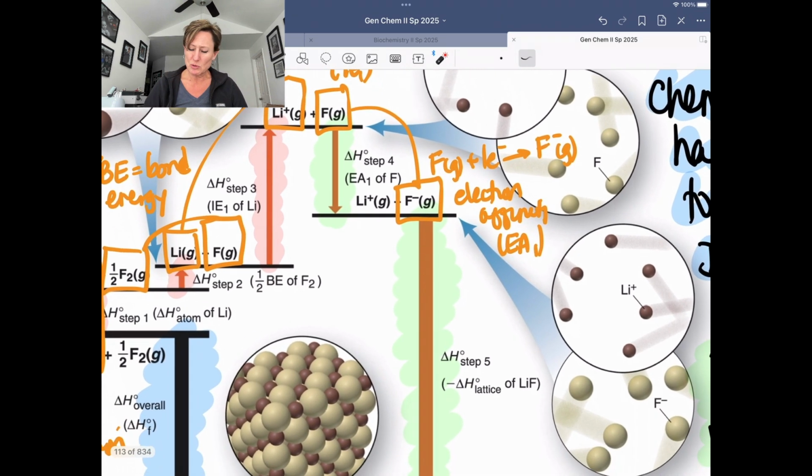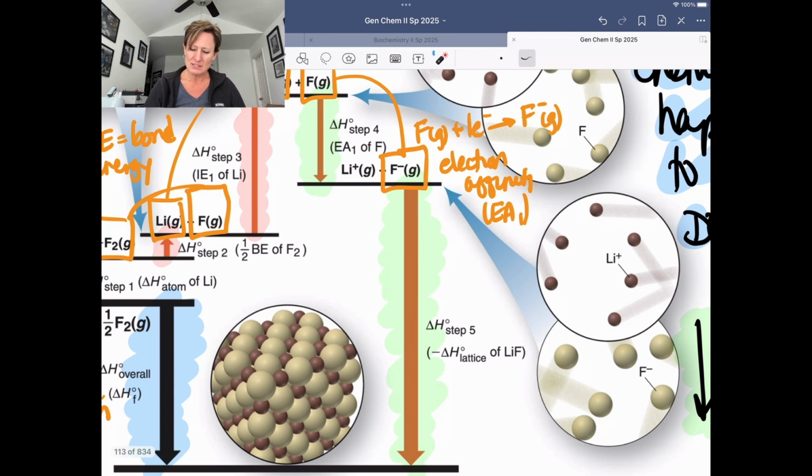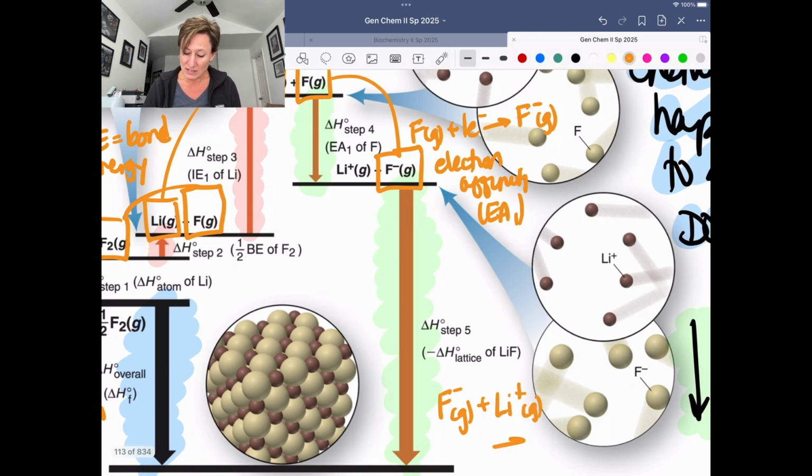So the last piece, which we've already talked about, is super important. Now we are going to have these two atoms that have become ions in the gas phase. So I'm going to have fluoride as an anion in the gas phase and lithium as a cation in the gas phase. They are going to say we would much rather be lithium fluoride as a solid. And when they find one another, the energy that gets given off from that is intense.